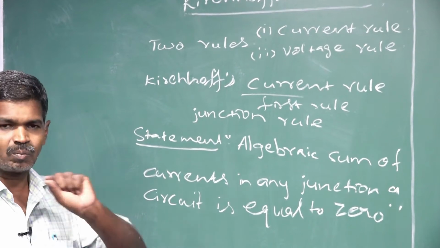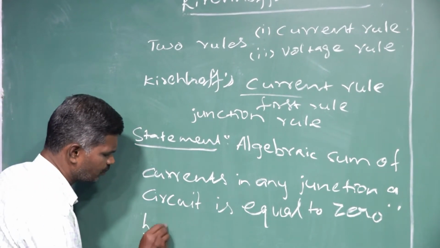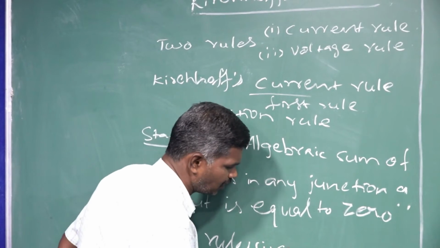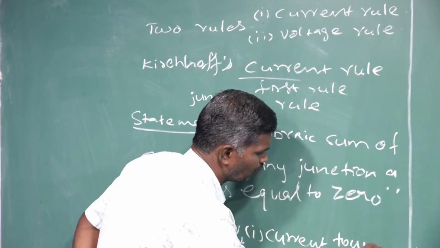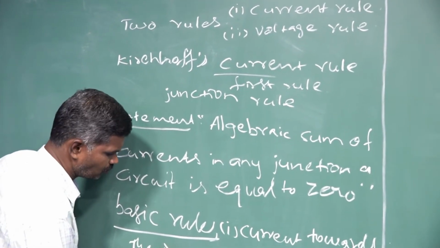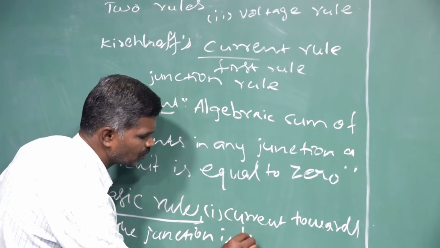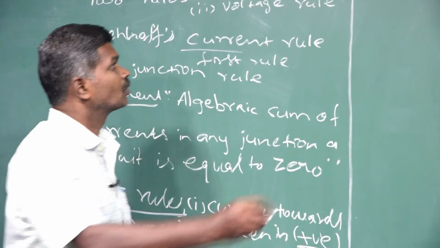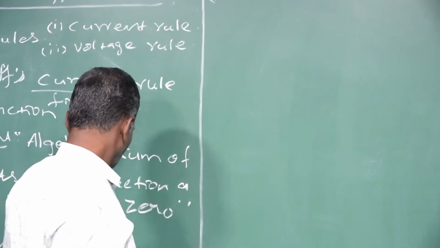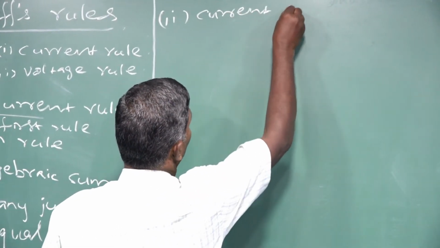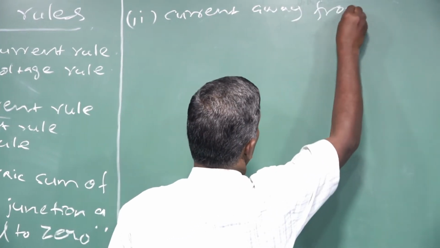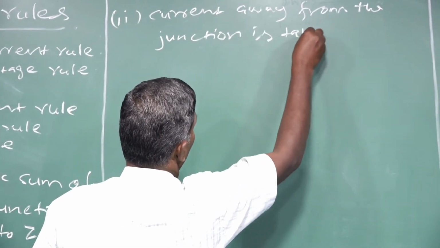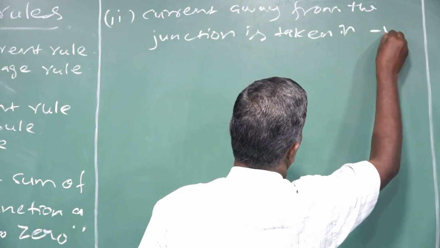There are some basic rules. One is: current towards the junction is taken as positive. The next rule is: current away from the junction is taken as negative.